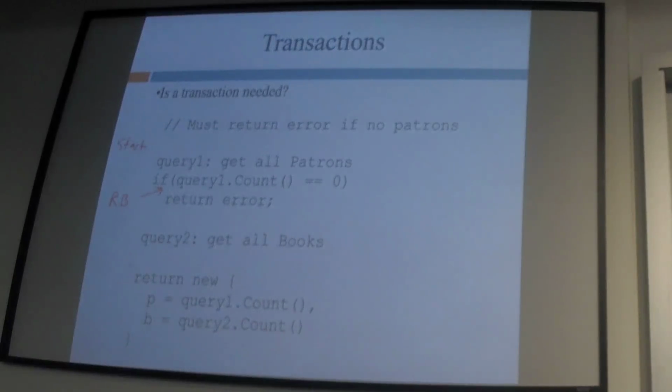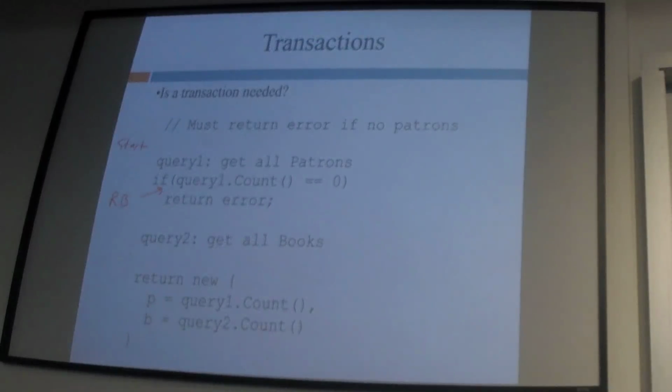Question? If the return didn't ask for query1.count, would you need a transaction? Yes, based on the way this problem is defined, it's saying it should only ever return any count if there are not 0 patrons. If there are 0 patrons at that time, then the books aren't being modified.